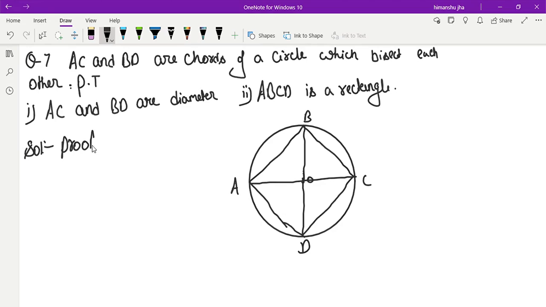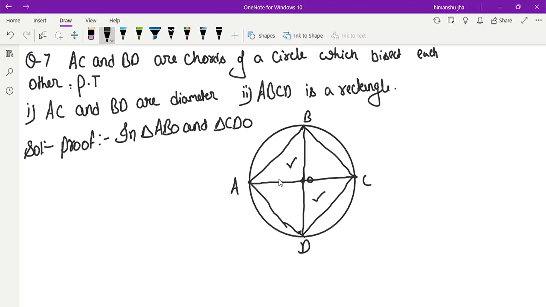Proof. Now we will take two triangles first, triangle ABO and triangle CDO, opposite each other. Diagonals bisect each other, so these two chords bisect each other.